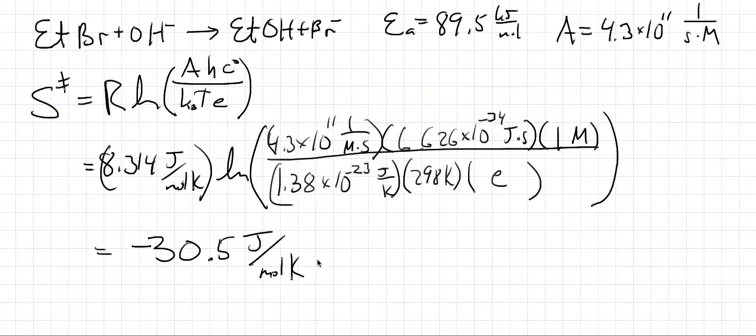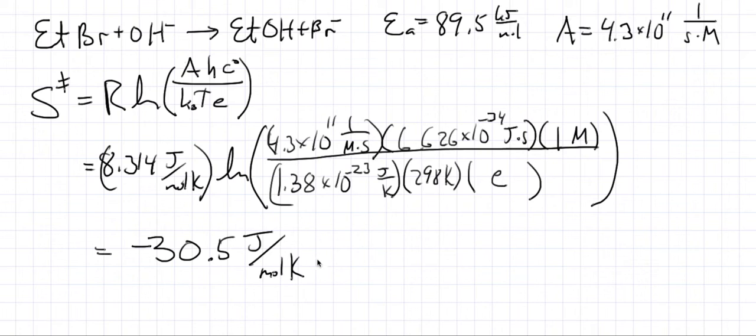So that implies that the transition state has less entropy than the separated reactants. Now we have to be a little bit careful because we don't want to envision a transition state and say, oh well, it's this very complicated transition state. We have to be careful because this reaction is taking place in solution.